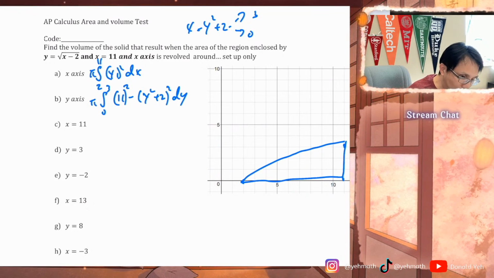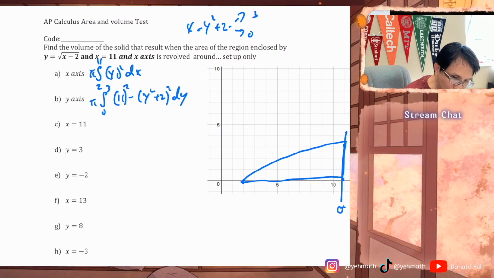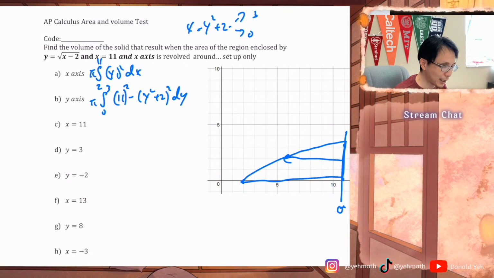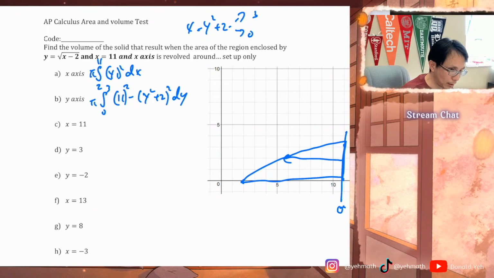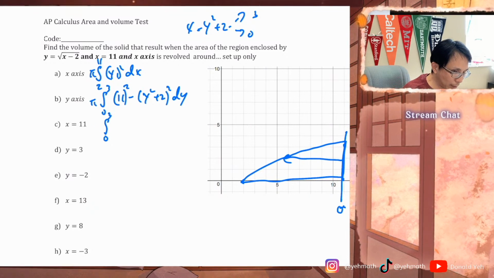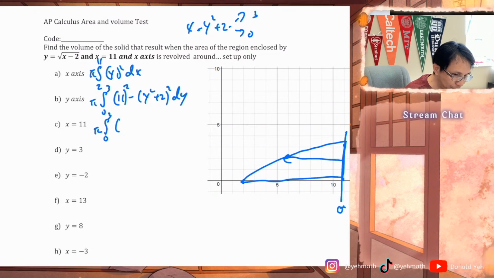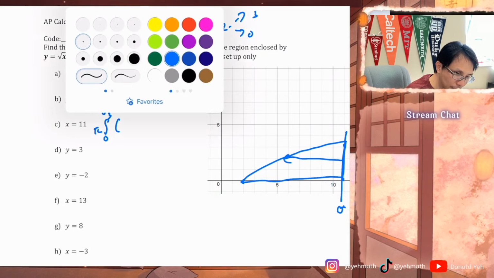So in this case, I draw the axis of rotation, and I draw one line here. That line is now represented by what? 11 plus y squared plus 2? No. 11 minus y squared plus 2.